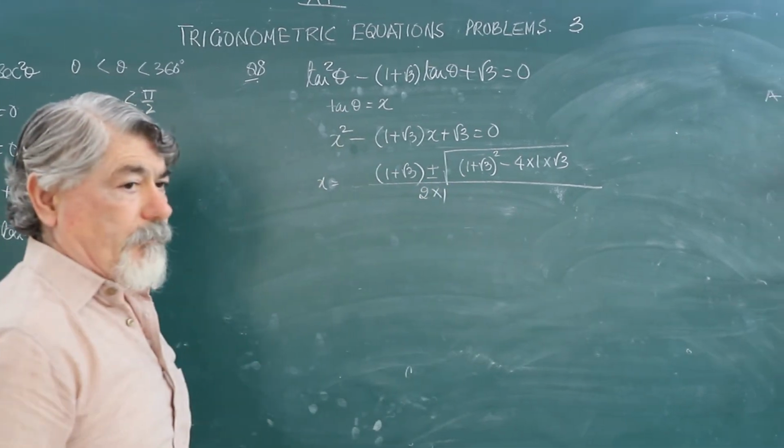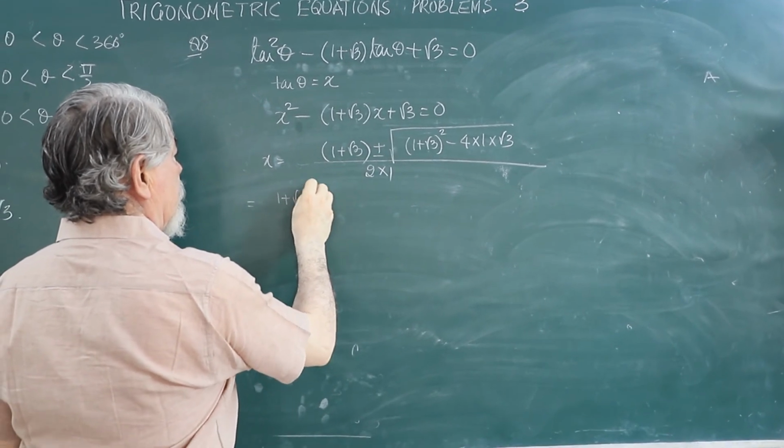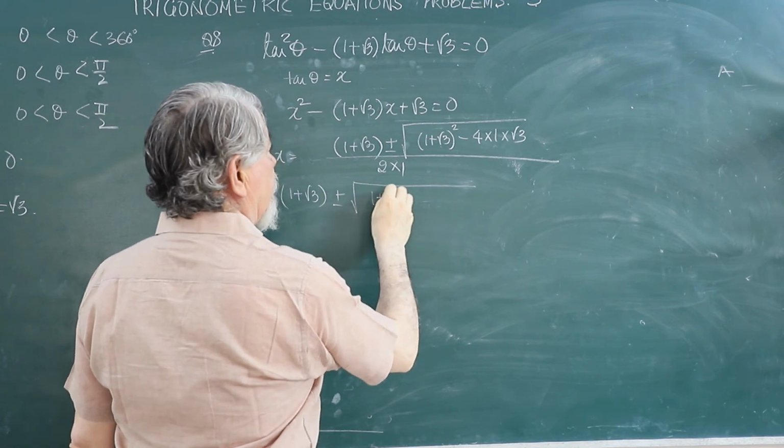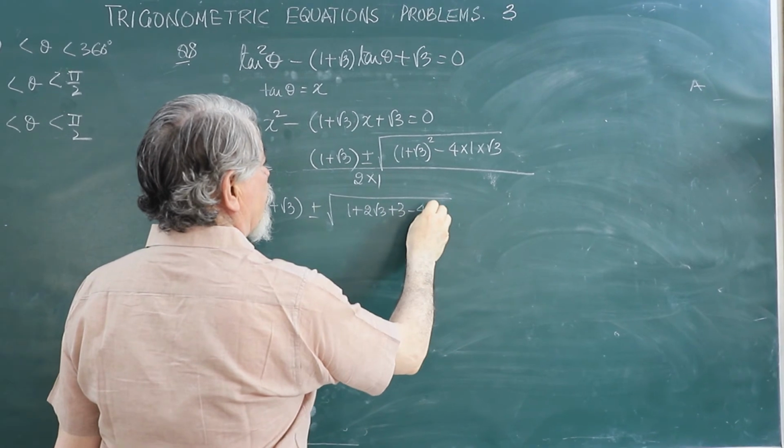A is 1. I'll open up this square here. It will become 1 plus 2 root 3 plus 3, minus 4 root 3.